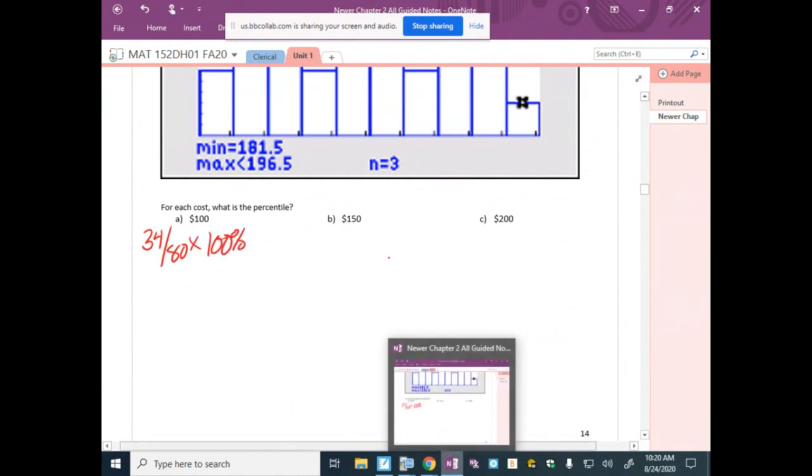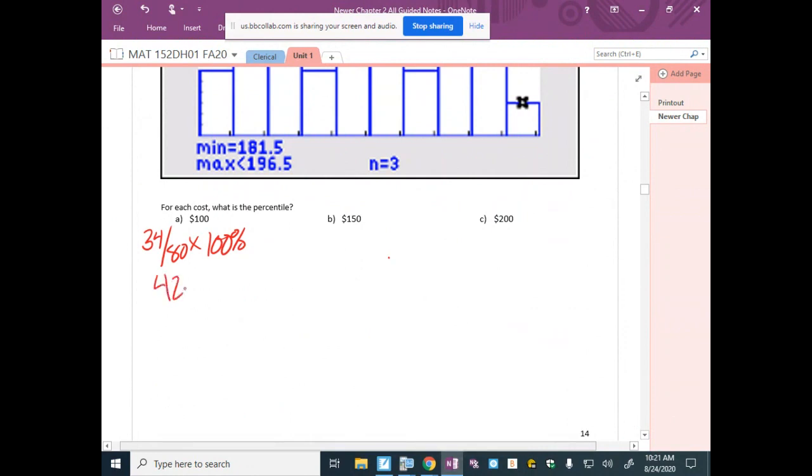So we just have to do 34 out of 80 and multiply it by 100%. $42.5, so you could say 42nd or 43rd. I would have accepted either one.